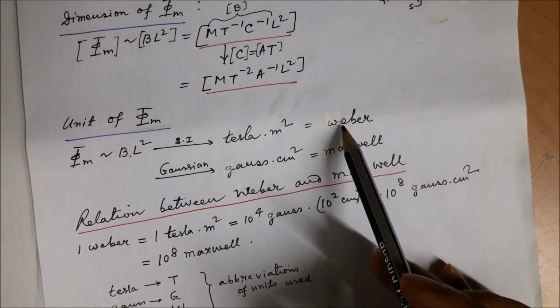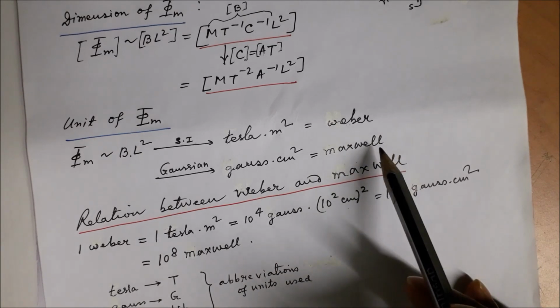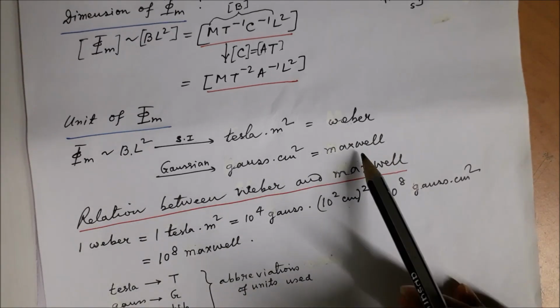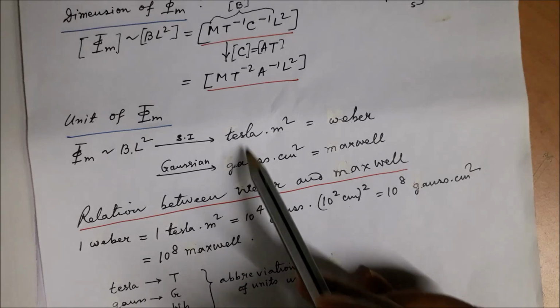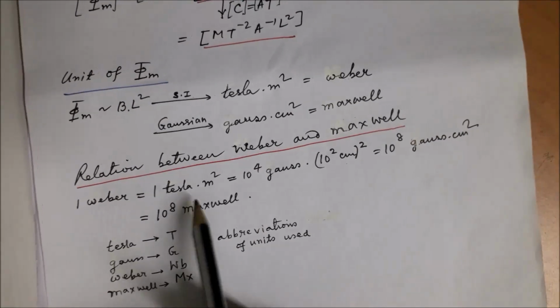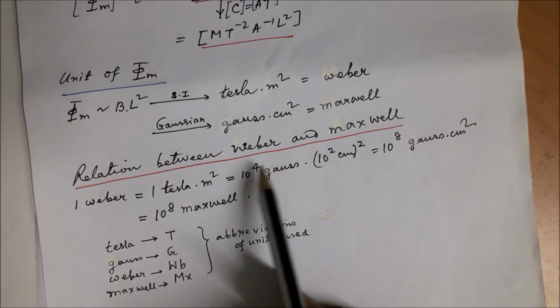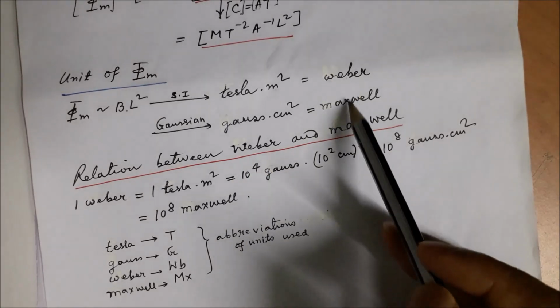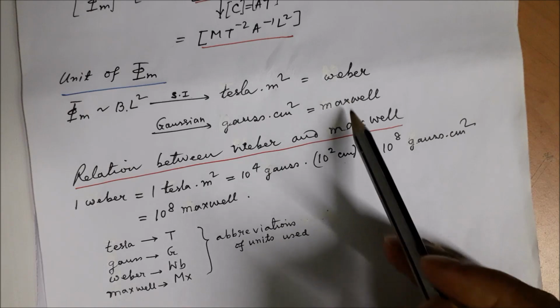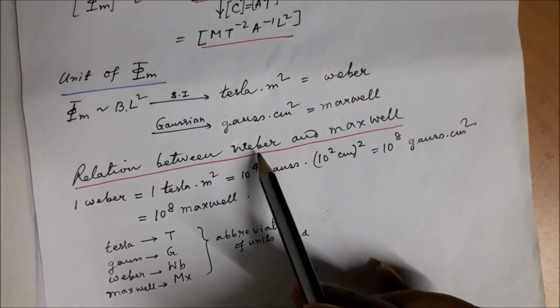So Weber is the SI unit, Maxwell is the Gaussian unit of magnetic flux, and since Tesla and Gauss are related, as 1 Tesla is 10 to the power 4 Gauss, we can easily interrelate Weber and Maxwell, and that has been done in this section.